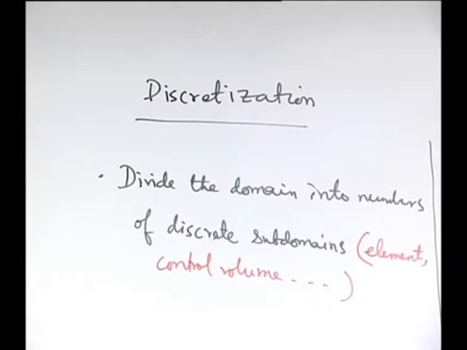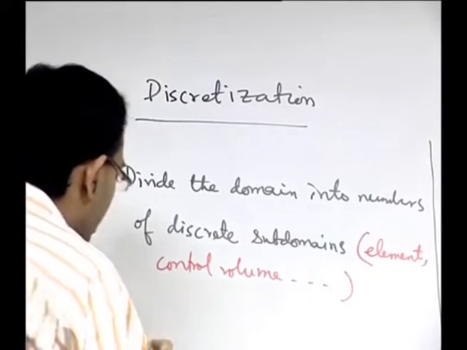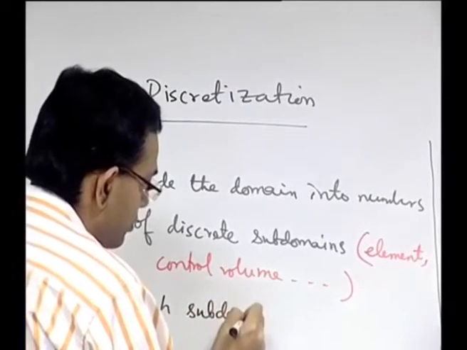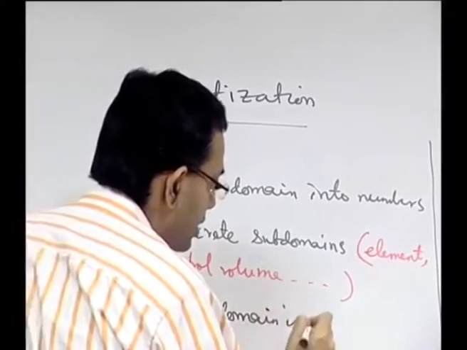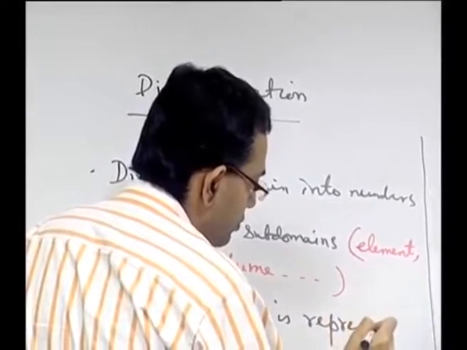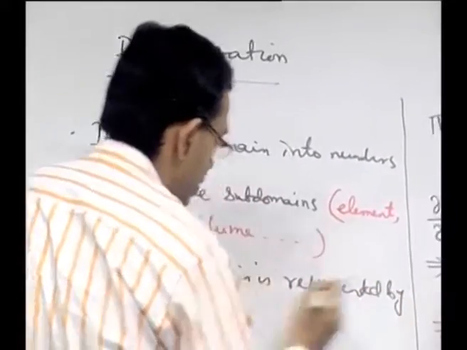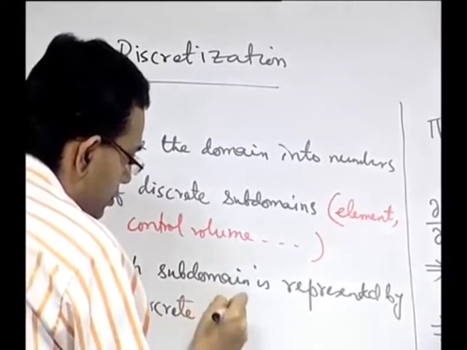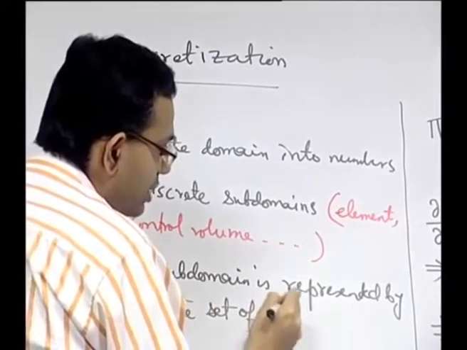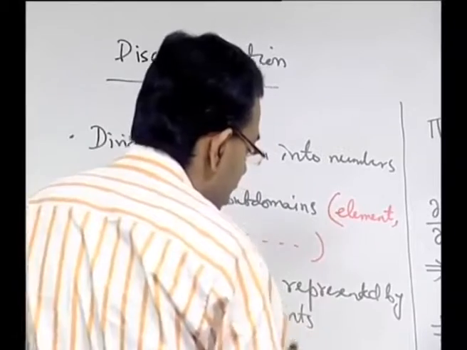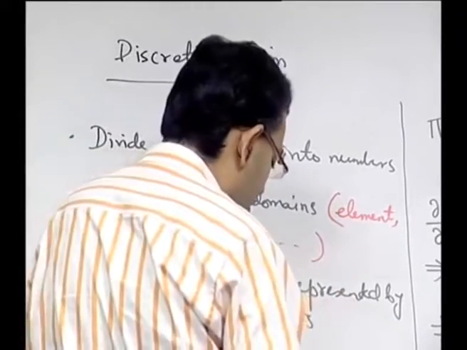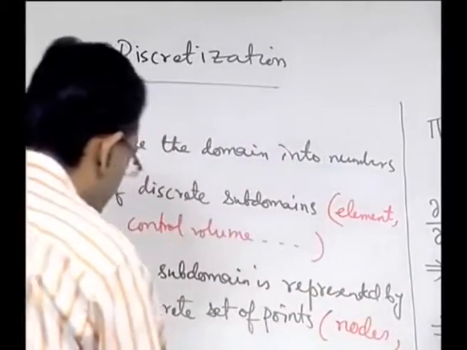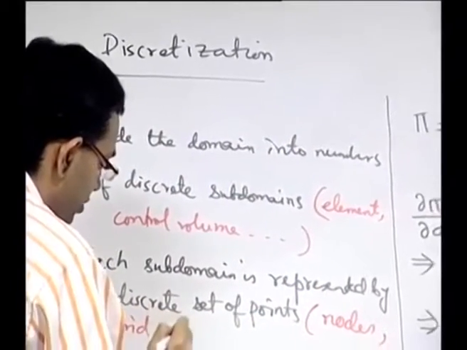So, once you divide the domain into a number of subdomains, then each subdomain is represented by a discrete set of points. So, the continuous variation of the function is lost. These discrete sets of points are called grid points or nodes, depending on again the method that you have chosen.